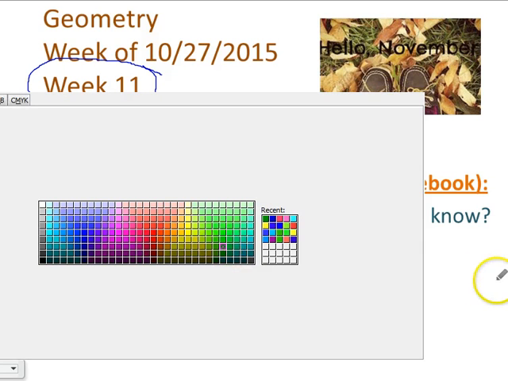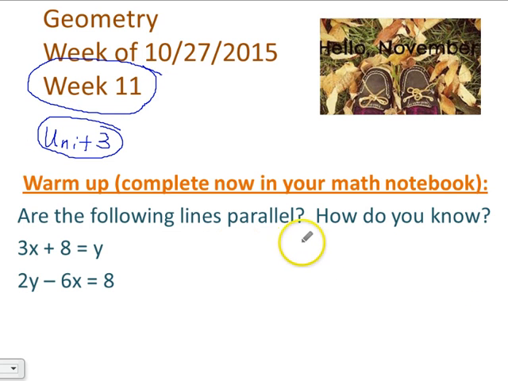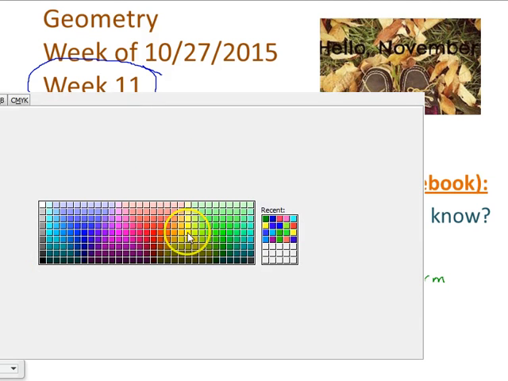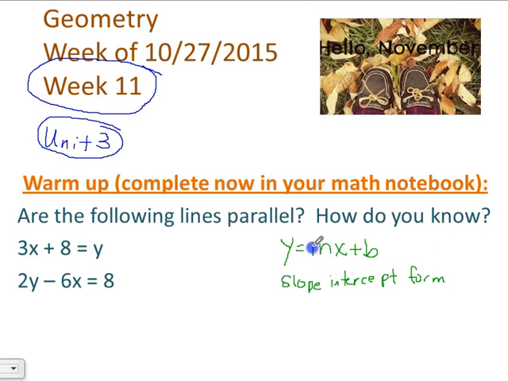So let's grab a different color here. Slope-intercept form is y equals mx plus b. That's what we want. And that allows us to quickly determine what the slope is. Remember, the slope is going to be the m, or the term that is being multiplied by x.